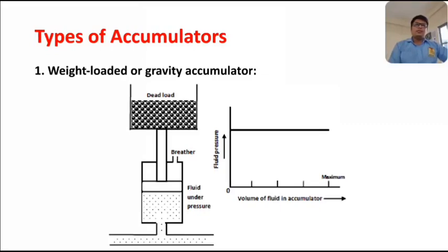The advantage of this type of accumulator over other types is that it applies a constant pressure on the fluid throughout its range of motion. You can see in the graph of fluid pressure versus volume of the fluid, the horizontal line indicates constant fluid pressure, and it will reach up to the maximum volume of fluid in the accumulator.